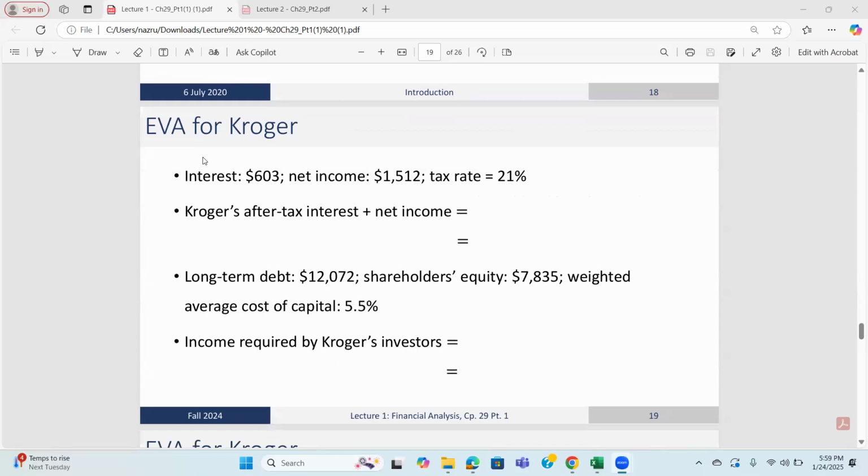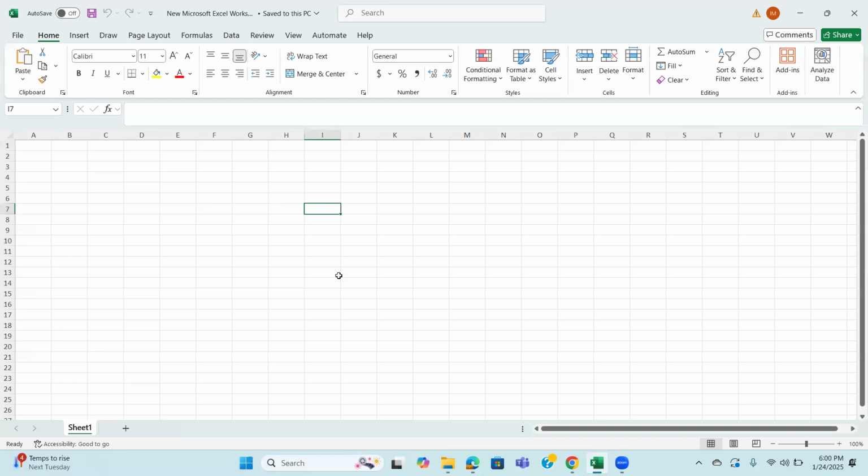All right, so let's solve this problem, EVA problem for Kruger. So in the question, you are given interest 603. Why not we just solve it together? Let's do it together. Okay.